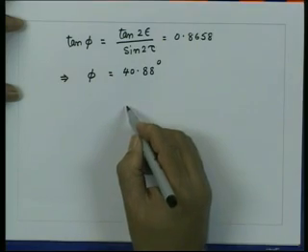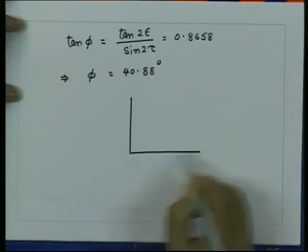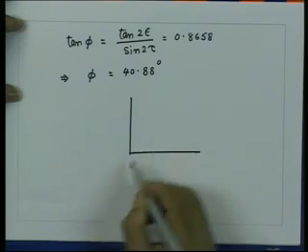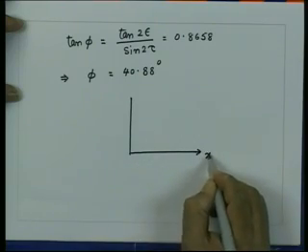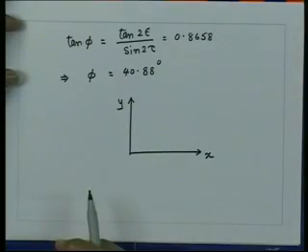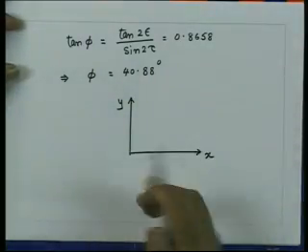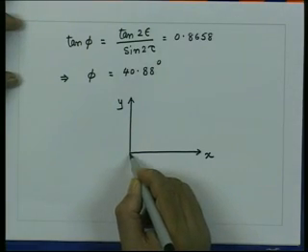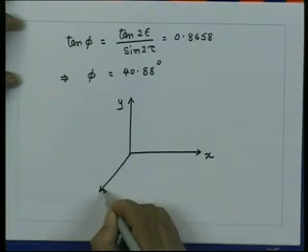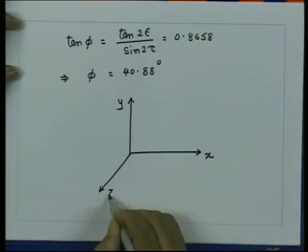So, what essentially we get now is that if I take a coordinate system, let us say this is x, this is y, and now if I put my right hand rule, x to y, then z must come like this. So, this is the direction which is z.